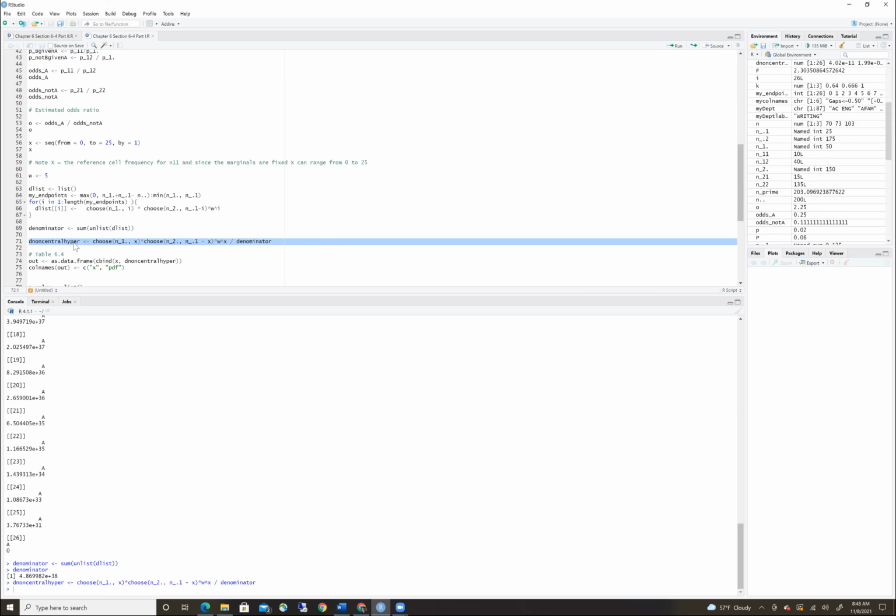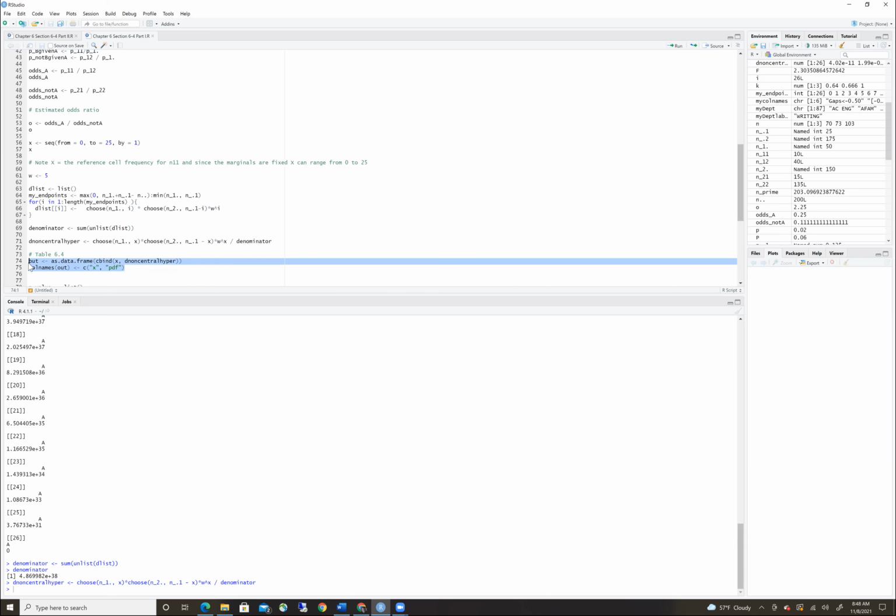And remember that I defined x to be 0 to 25. So really, this was not just calculating the PDF at one value of x, it was calculating the PDF at each value of x that I was interested in. So what I can do is recreate table 6.4 in our book by putting together x and the dnoncenthyper.